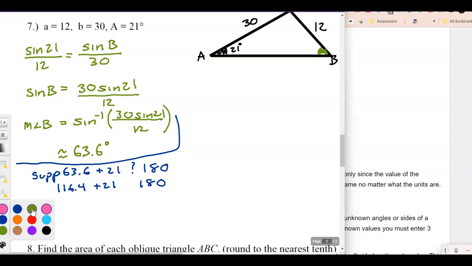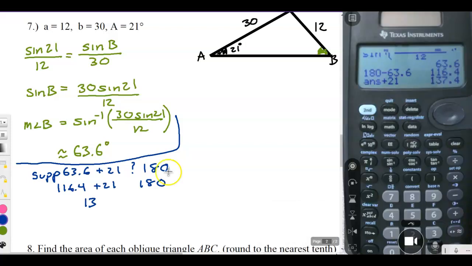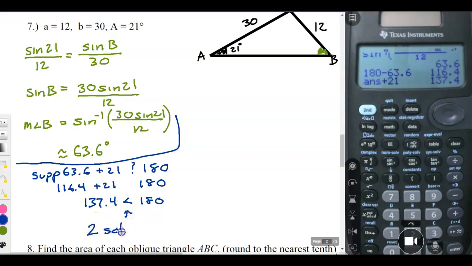So plus 21, it's 137.4, which is definitely less than 180, and because it's less than, that means we have 2 solutions. Okay. 2 possibilities here for angle B.